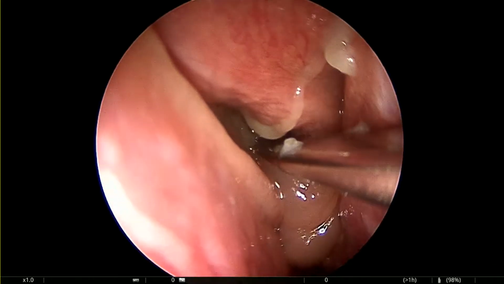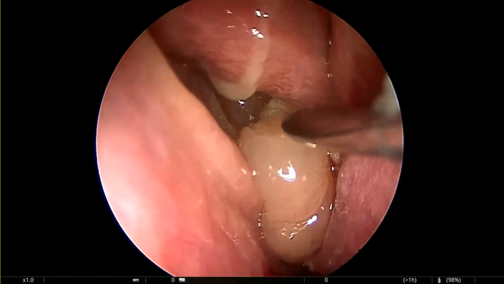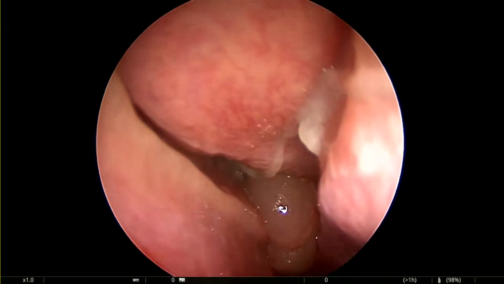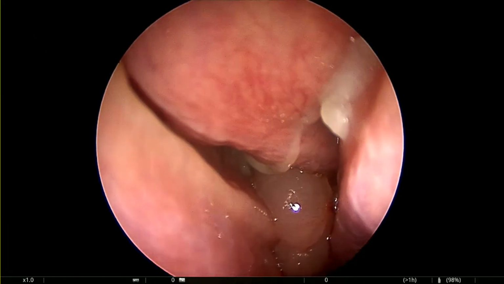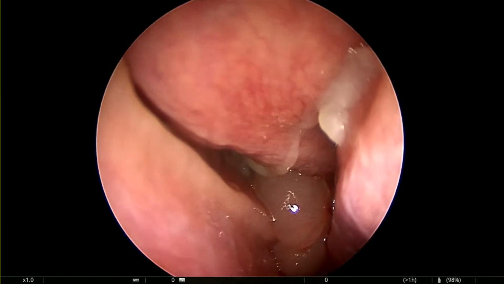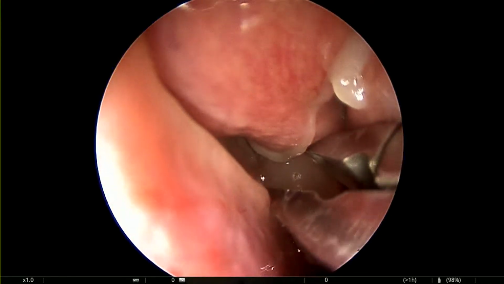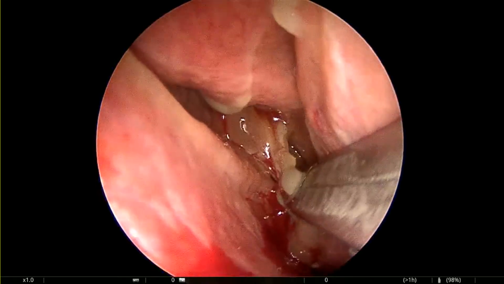Do you agree with me, Chloe? Yes. Okay, so we are going to remove it with the fine fenestrated straight forceps. Straight forceps. Yes, thank you.